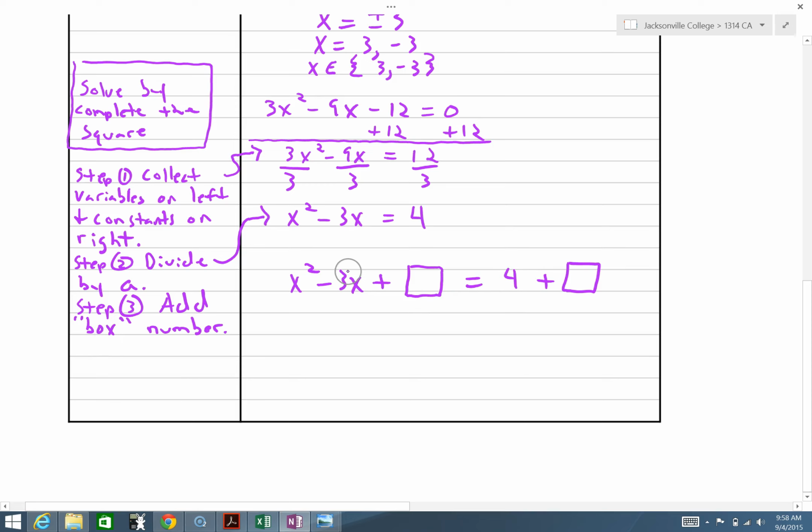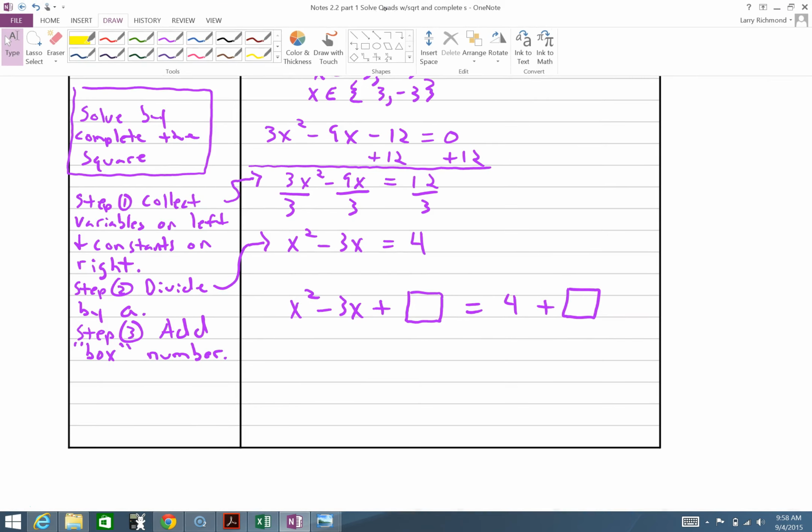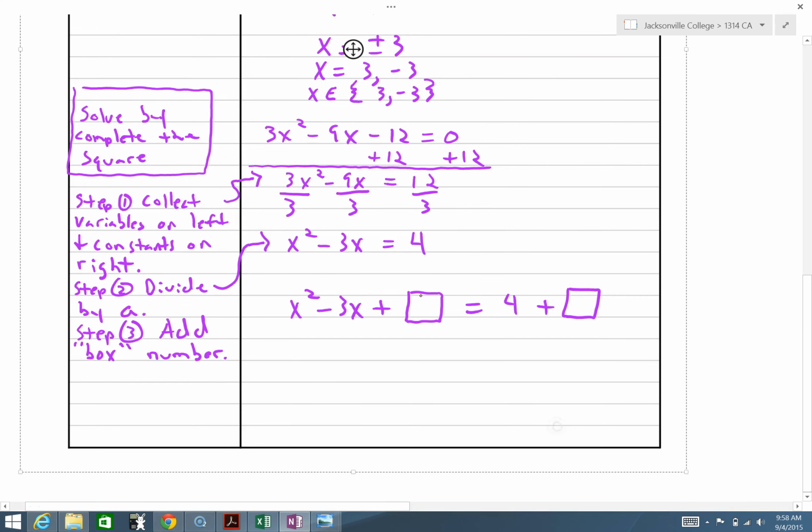Okay. The question is, what is this box number? Well, the box number is simply going to be half of this number squared. Half of negative 3 is negative 1.5. Negative 1.5 squared is 2.25. We're going to add that to the left and right. So in this case, 2.25, 2 1/4, goes in both the left and the right.